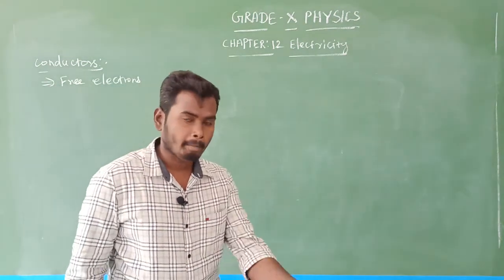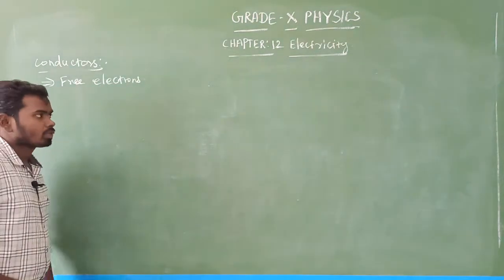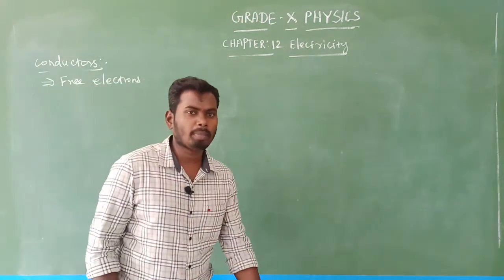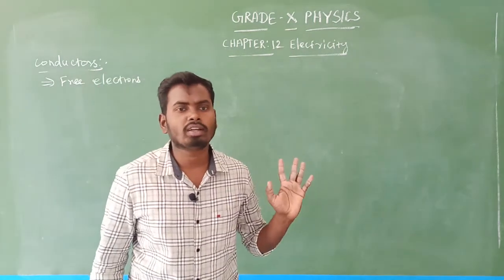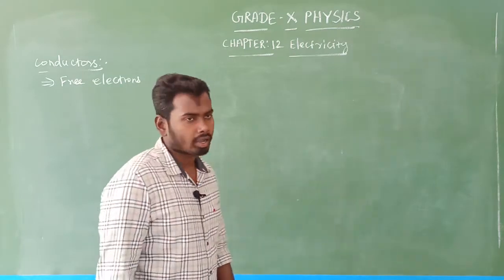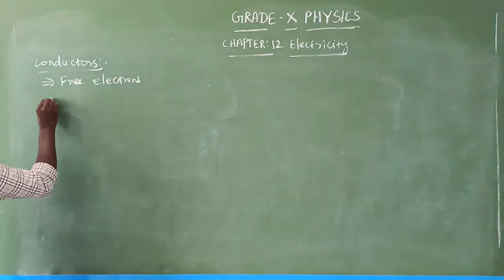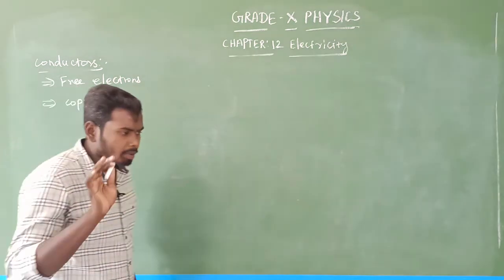That is metals. Consider, I am going to take a copper wire, which means copper metal, because copper is one of the very, very good conductors of electricity. Consider copper. So what is the atomic structure?